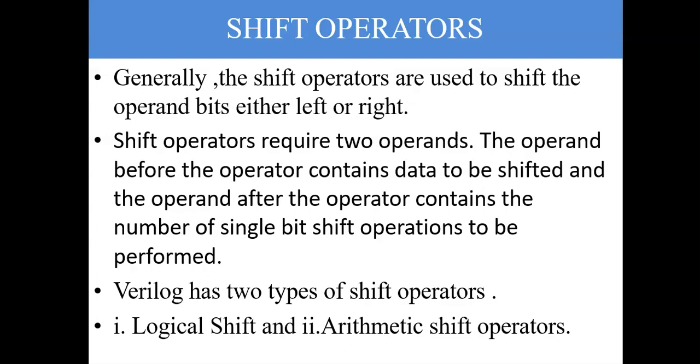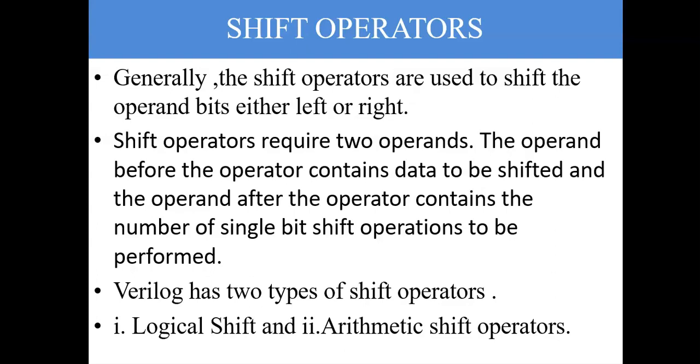The operand before the operator contains the data that is to be shifted, and the operand after the operator contains a number which gives the number of times the data is to be shifted. That is the most important thing: how many bits are to be shifted. So Verilog has two types of shift operations.